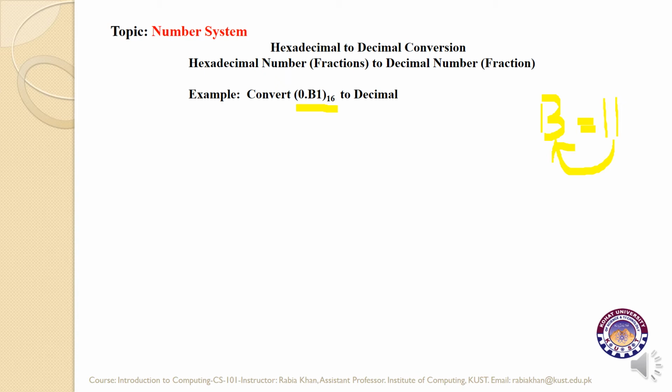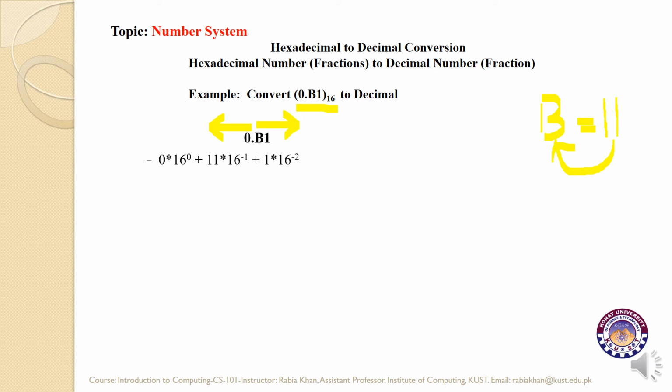So let's see how we can apply the method. The given fraction is 0.B1. Here you can see the left side of the decimal point is the integer part, while the right-hand side of the decimal point is the fractional part.